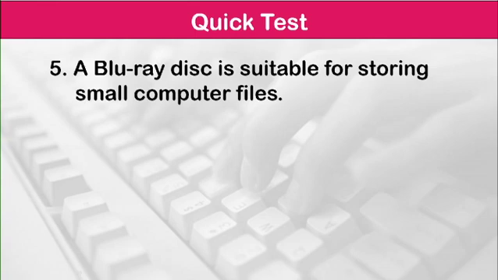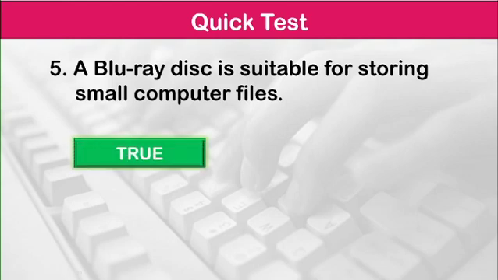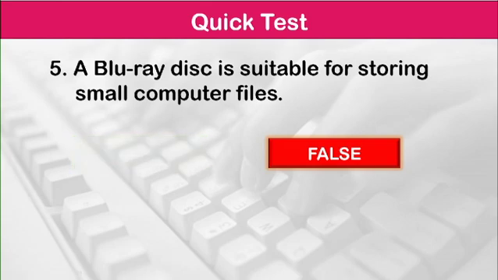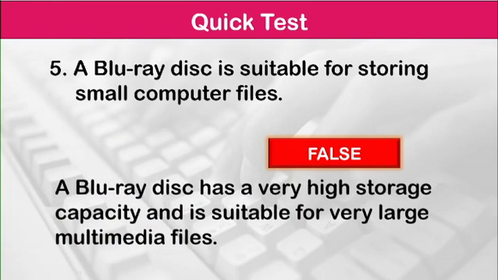Number 5. A Blu-ray disc is suitable for storing small computer files. True or false? The answer is false. A Blu-ray disc has a very high storage capacity and is suitable for very large multimedia files.